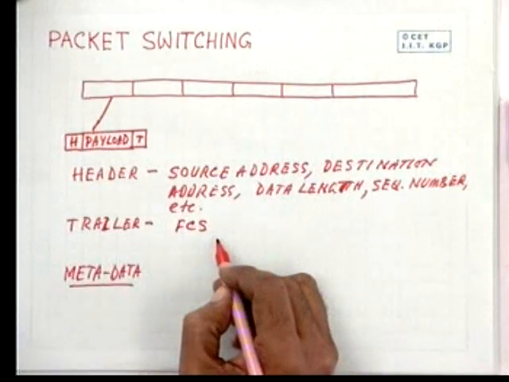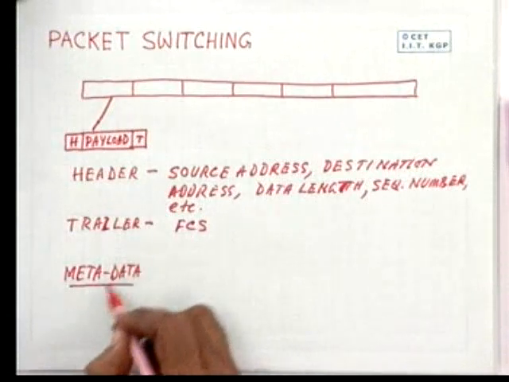Earlier we have discussed in detail how error detection can be done by using cyclic redundancy code, and we have seen a frame check sequence is appended with the data to facilitate error detection. This is what is being done here.